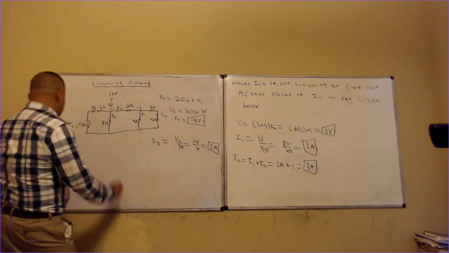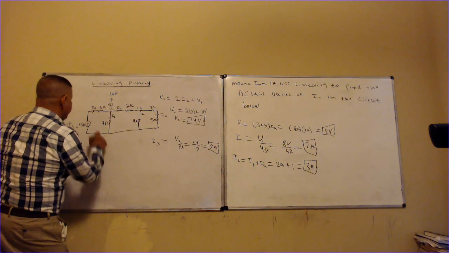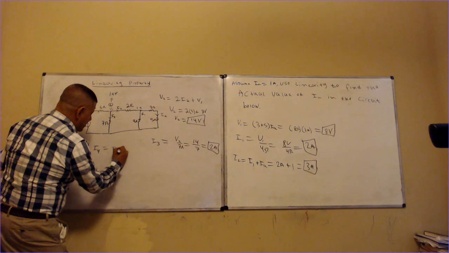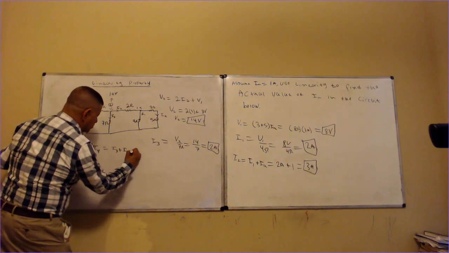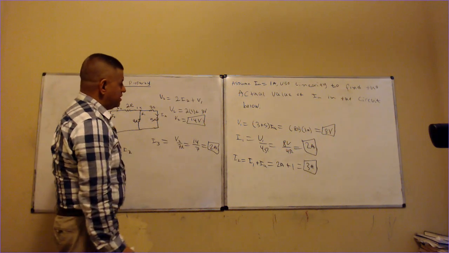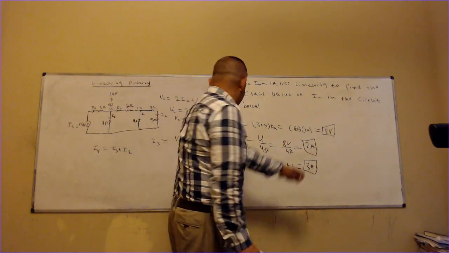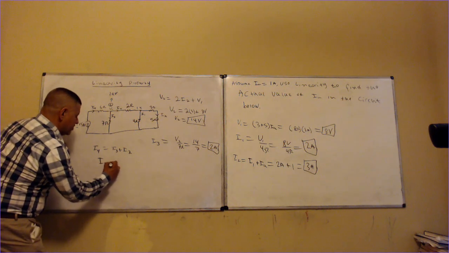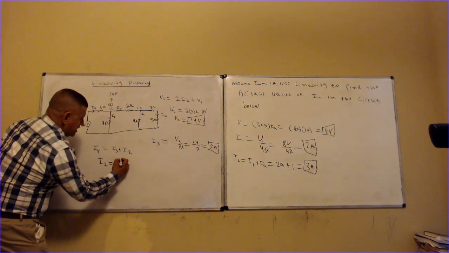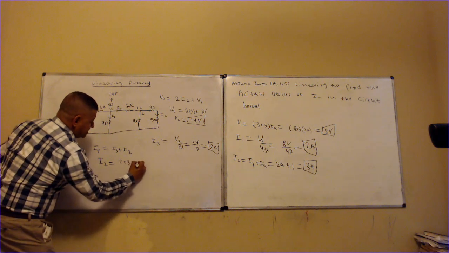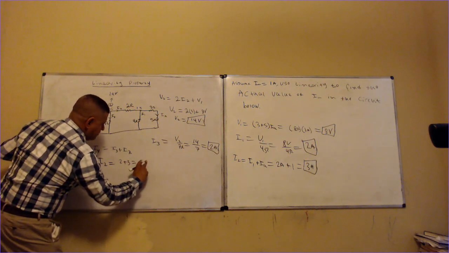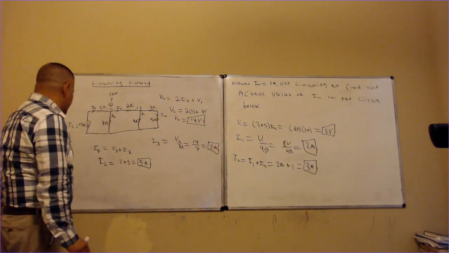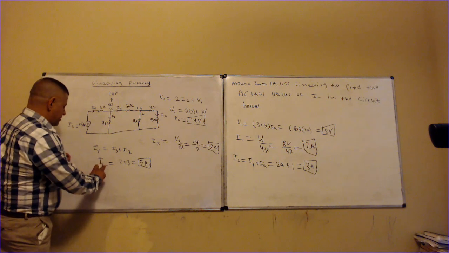So I4, which is this guy, is equal to I3 plus I2, right? And what was I2? I2 is 3 amps. So 2 plus 3 amps is equal to 5 amps. Now we have 5 amps. I'm sorry, this is I4.